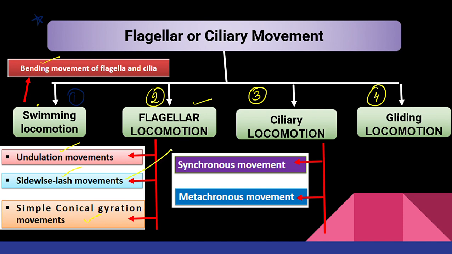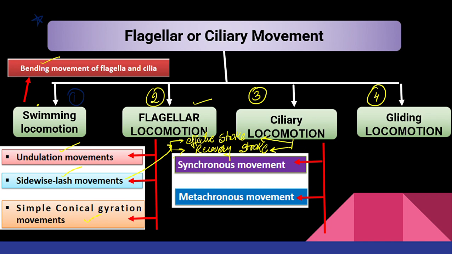Under sidewise lash movement, I want you to mention this as well: we are going to study about the effective stroke and recovery stroke. Now, the third one is ciliary locomotion. Under ciliary locomotion, again we are going to study about the effective stroke as well as the recovery stroke.